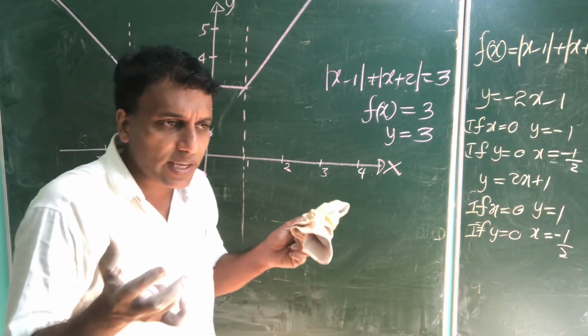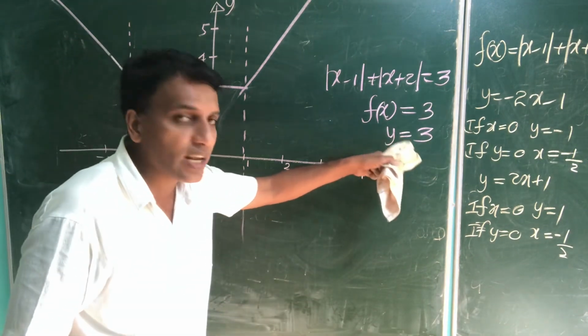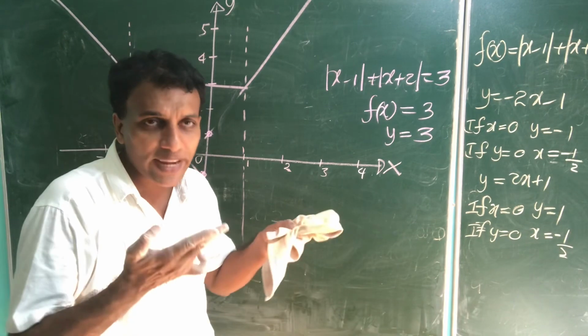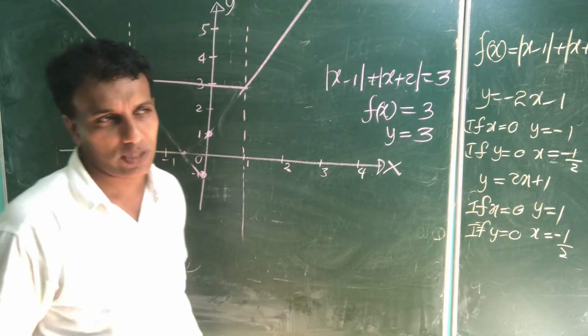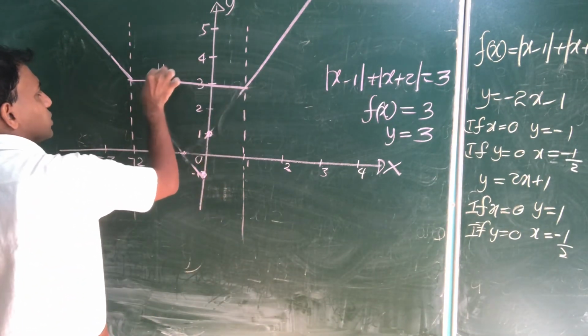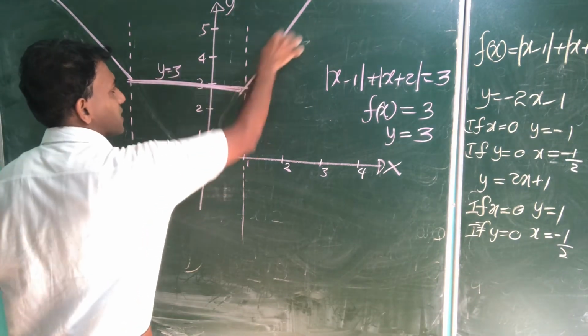Therefore, where the y equals 3 line cuts the graph, or touches the graph, or meets the graph, their x values are the solution. So very clear, this is y equals 3, touches that.